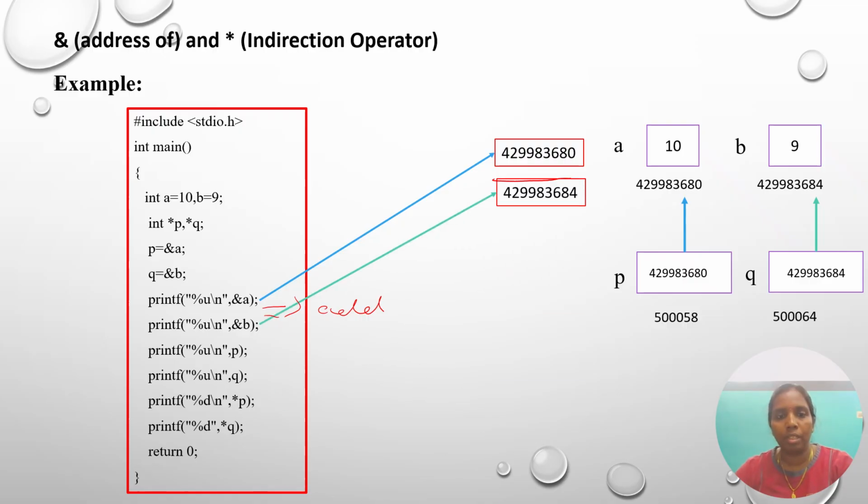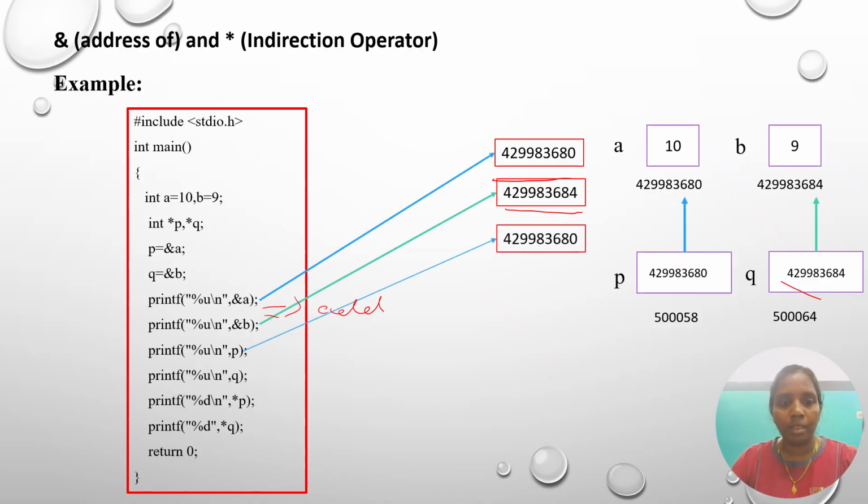The second one is the address of Q. The address of Q is 429838684. So the next is P value, which is pointed to &A. So again it is 42998388680.